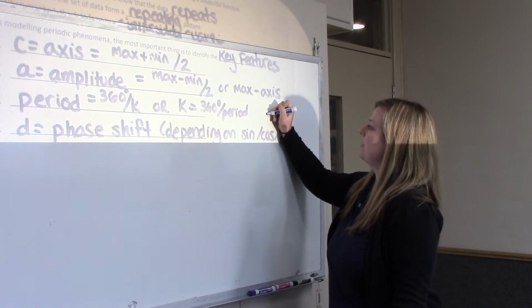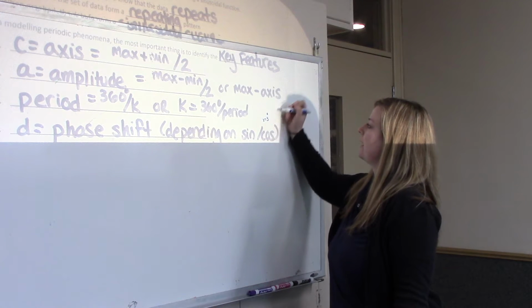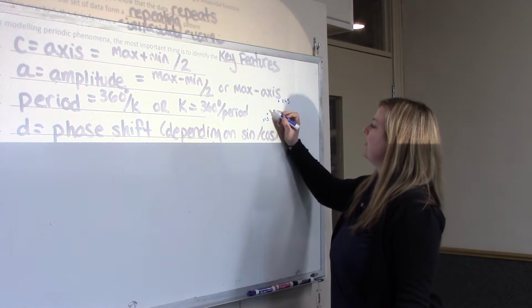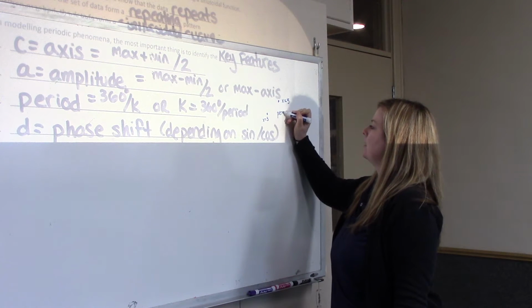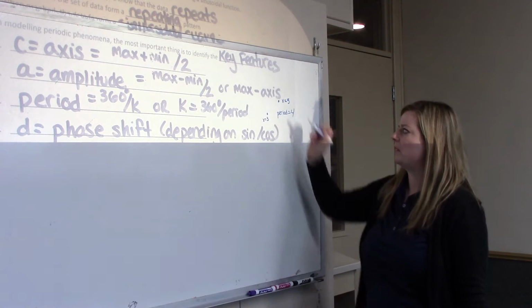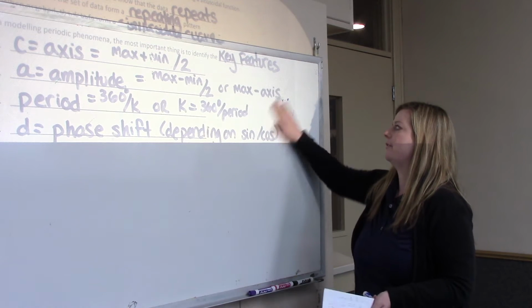For instance, if you know that there was a min at x equals 3 and a max at x equals 5, then the period would be 4, because it's 2 between, so it would be another 2 to get back down to the minimum. So just be careful of that.